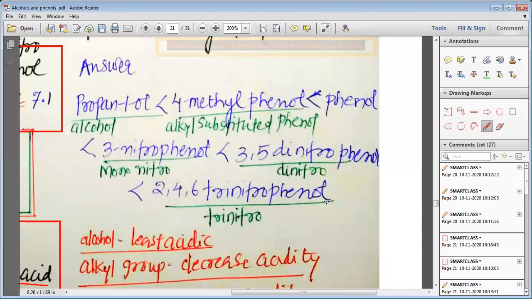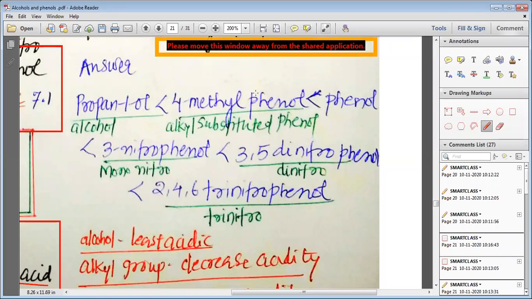2,4,6-trinitrophenol. Now what we have just studied, my dear student, is that an electron releasing group like an alkyl group or methyl group will decrease the acidity of phenol.